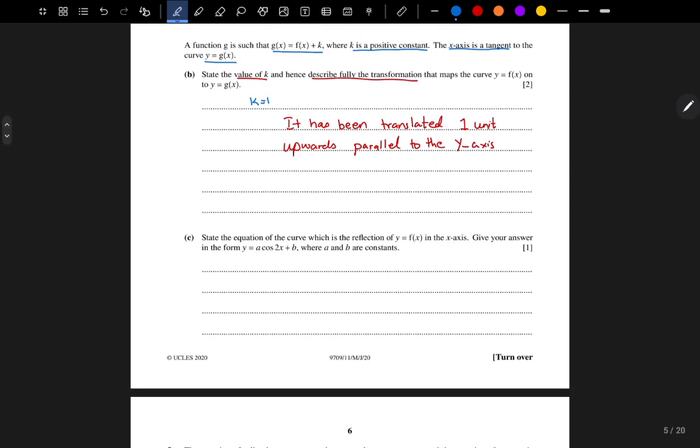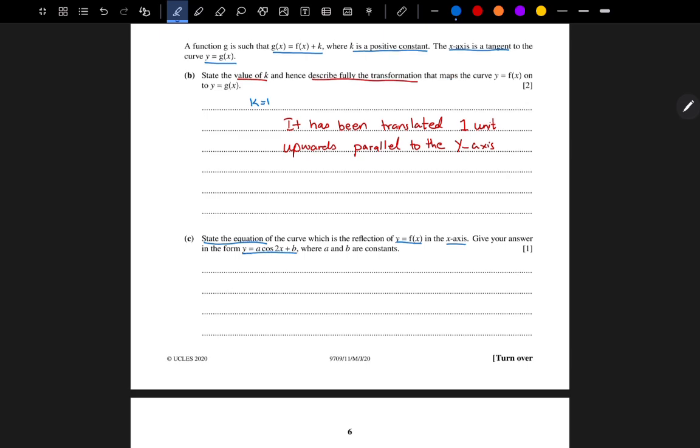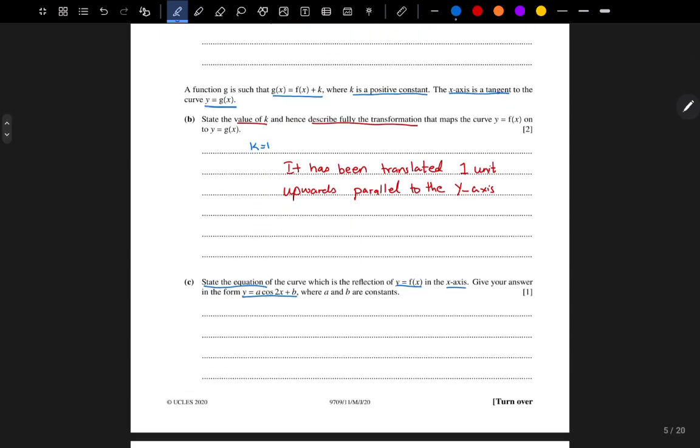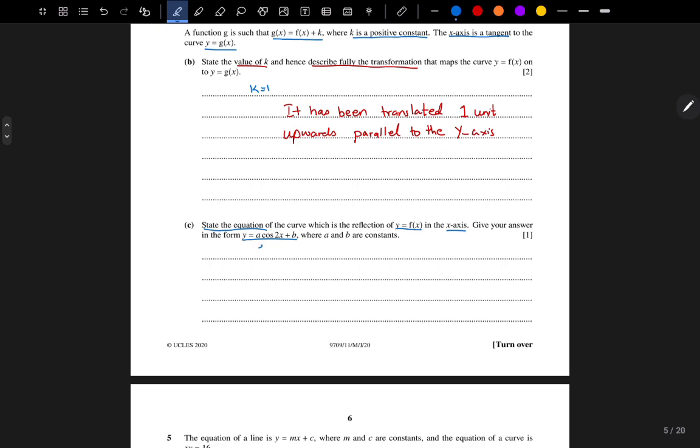In the last part of the question, it says to state the equation of the curve which is the reflection of y equals f of x in the x-axis, and we need to write it in the form y equals a cos 2x plus b. Firstly, we need to copy the original equation. So this will give us f of x equals 3 upon 2 cos 2x plus 1 upon 2.